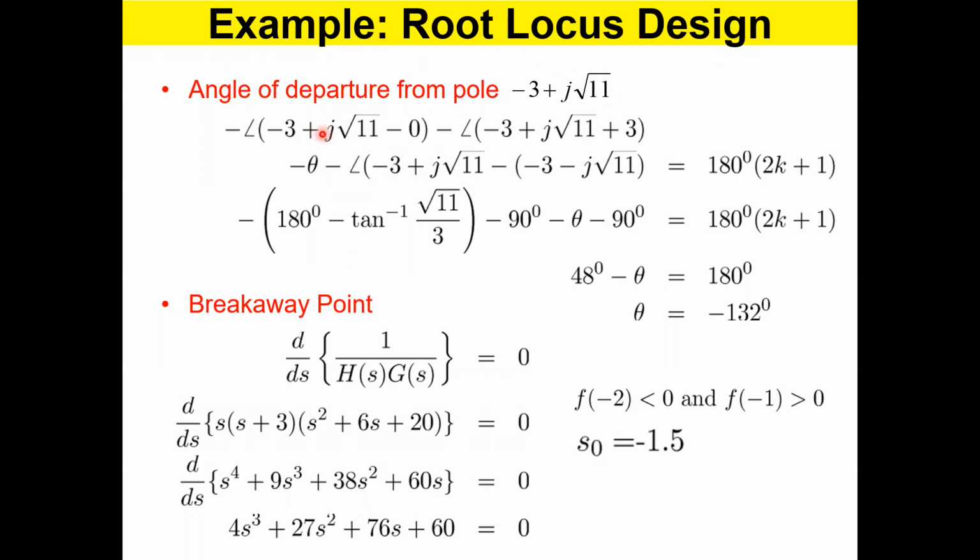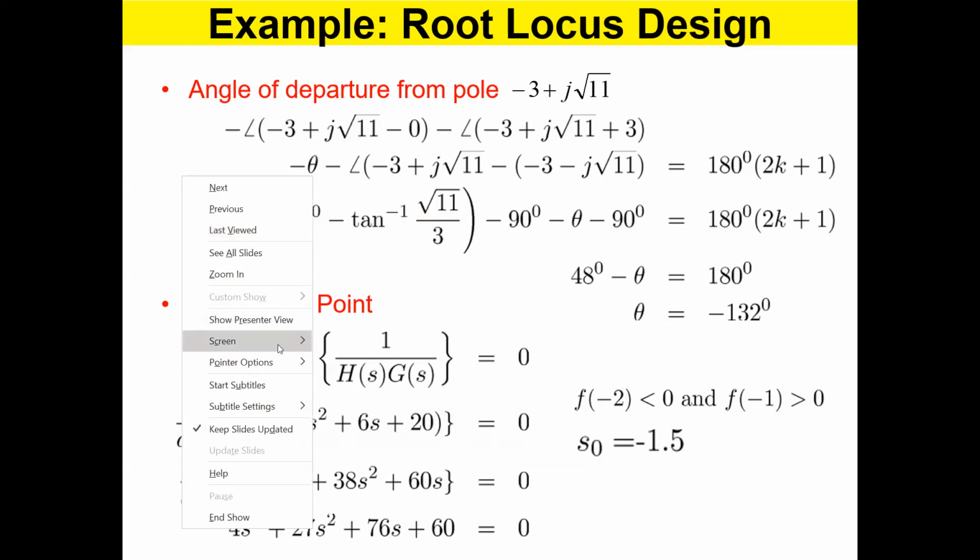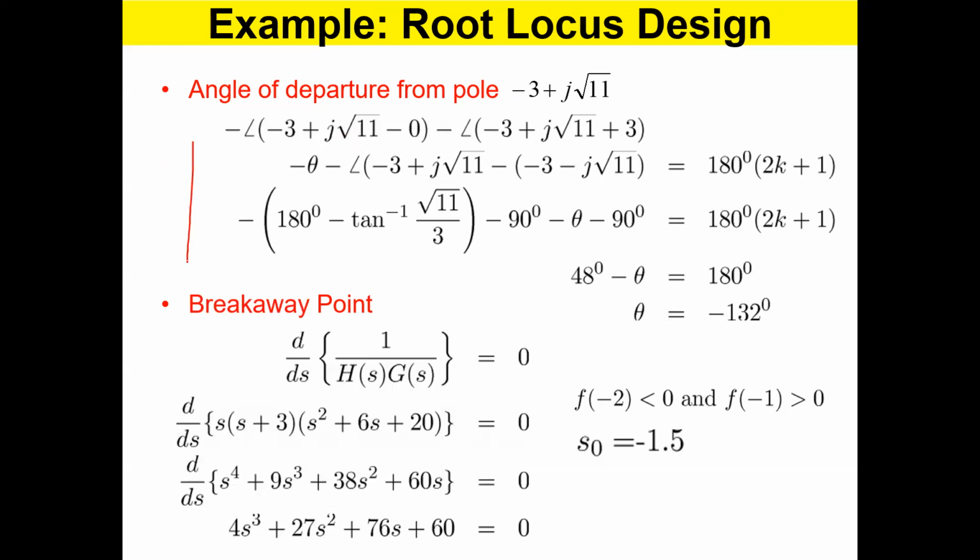And if you go to the first one over here, minus 3 plus j root 11, you can sketch it on paper. Minus 3, the real part, plus j root 11. That is a positive imaginary quantity. Then the angle is 180 degrees minus tan inverse root 11 over 3. Okay, so I can just draw it over here and show it to you. So if I draw a line like this, minus 3 is over here. This is minus 3.